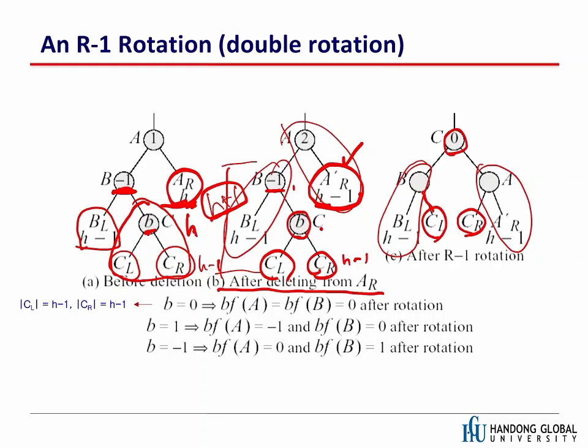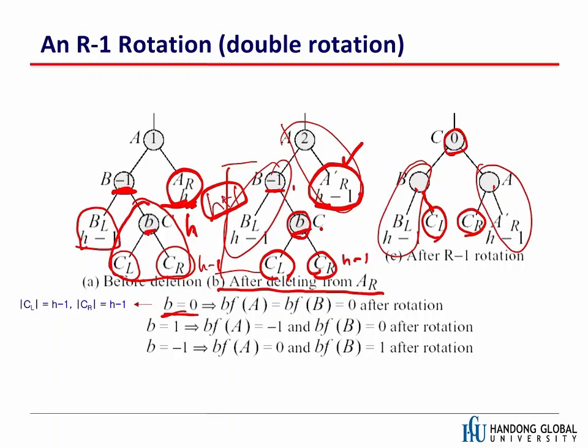We had a similar case when we insert a new node, right? Then after rotations, what is the BF of B and the BF of A? It depends on the situations. So depending on this B, we might have different values for B and A here. So let's check 3 cases. When B is 0, it means the height of CL is H minus 1 and height of CR is H minus 1.